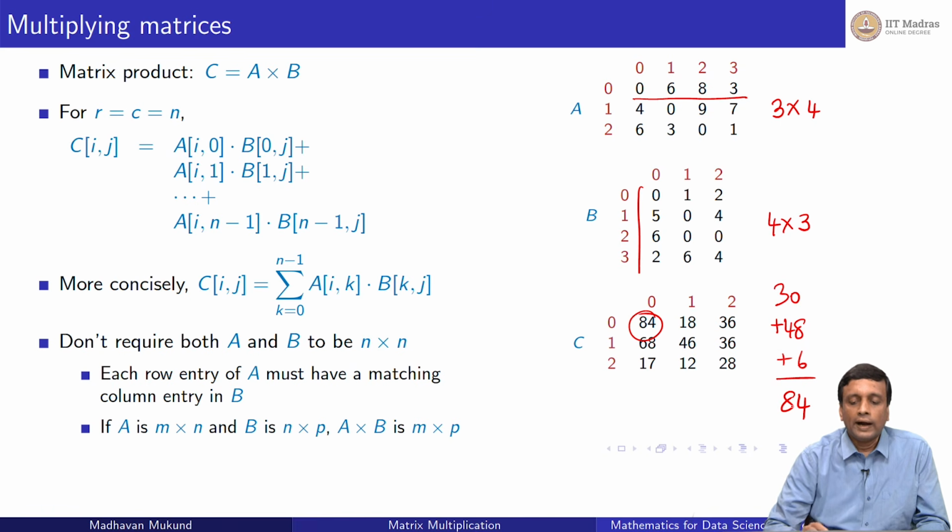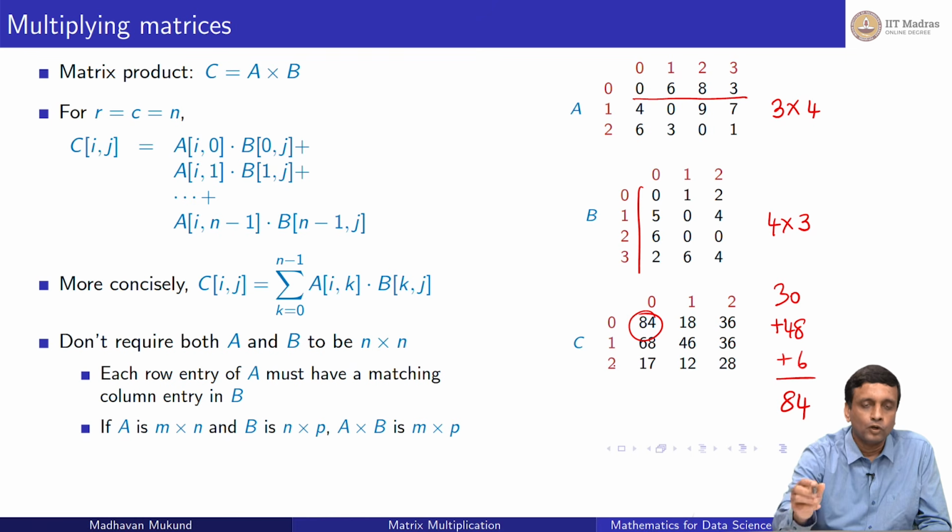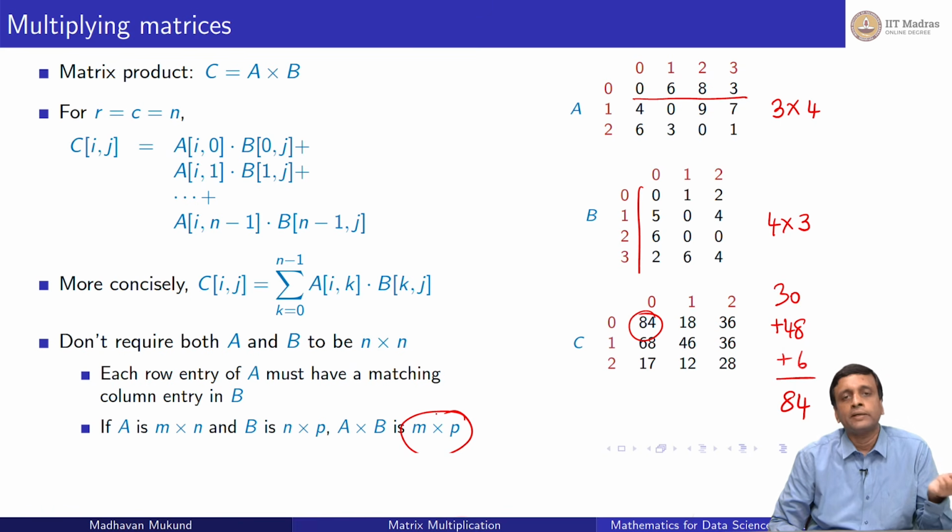So I have an entry in C for every row of A and column of B. So finally I end up with a matrix which has as many rows as A and as many columns as B. So if I start with m by n and multiply it by an n by p matrix, I end up with an m by p matrix.